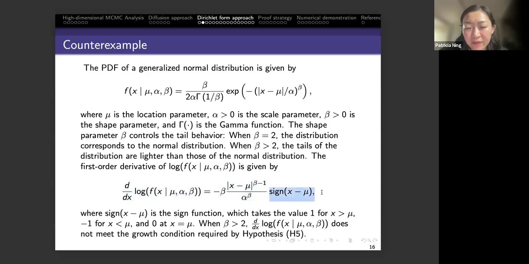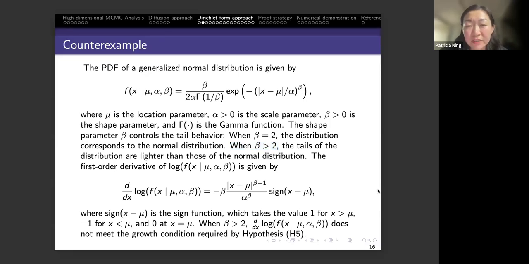Here there is a sign function, which takes the value 1 if x is bigger than mu, and -1 if x is less than mu. When x equals mu, it is 0. When beta is bigger than 2, the derivative of the log density does not meet the growth condition required by H5. So that's one counterexample.